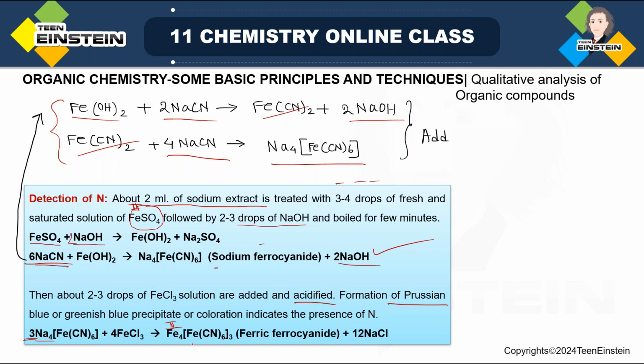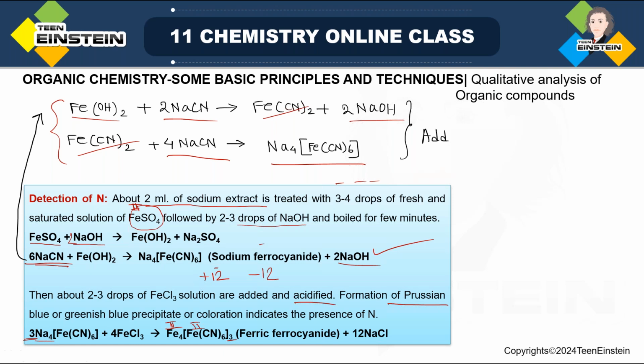Because if it is +3 oxidation state and you have total 4, that means total positive charge will be +12. So +12 must be balanced by -12, so that overall it is neutral. Now [Fe(CN)6], it is +2 and 6 CN-, that means total negative charge 4 minus. So 3 times 4 minus is -12. So that is why the formula is Fe4[Fe(CN)6]3.